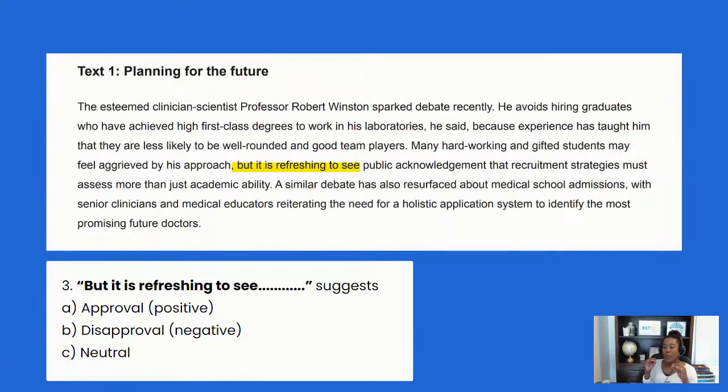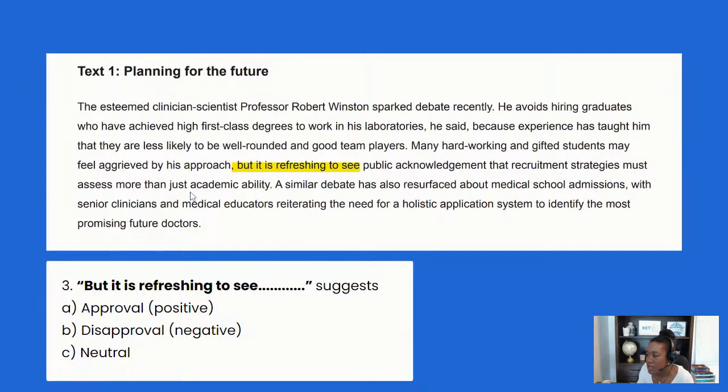Okay, so next, we move on to have a look at the next sentence here. Many hardworking and gifted students may feel aggrieved by his approach, but it's refreshing to see public acknowledgement that recruitment strategies must assess more than just academic ability.